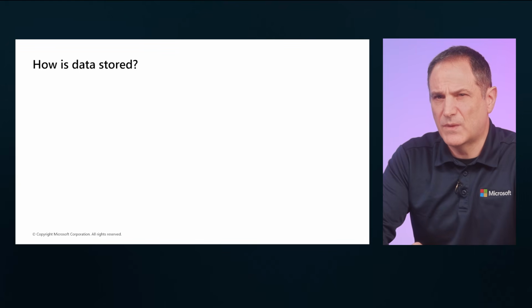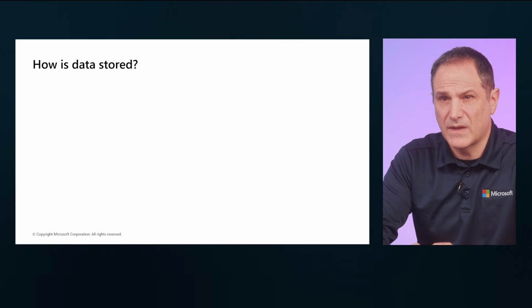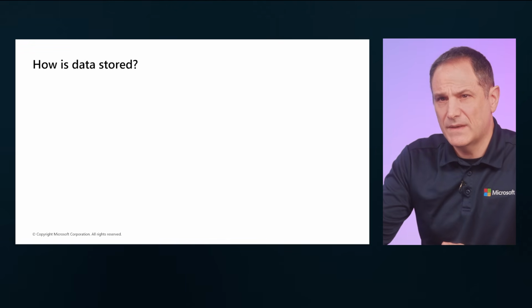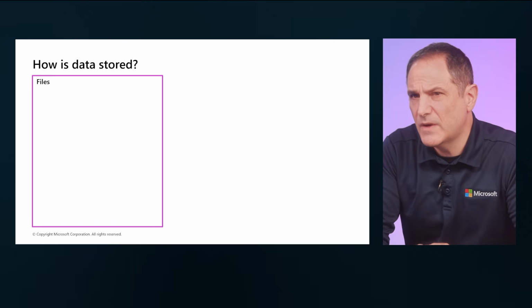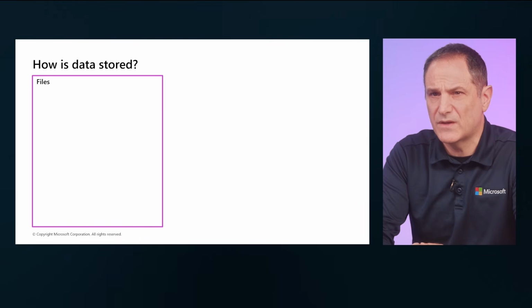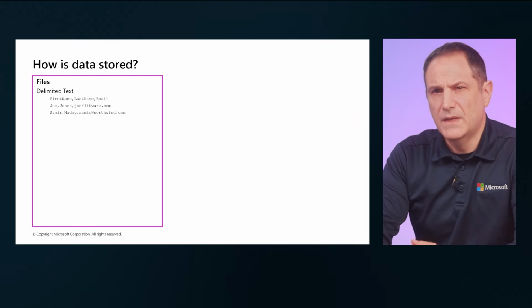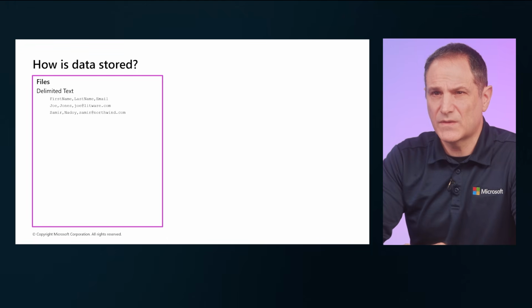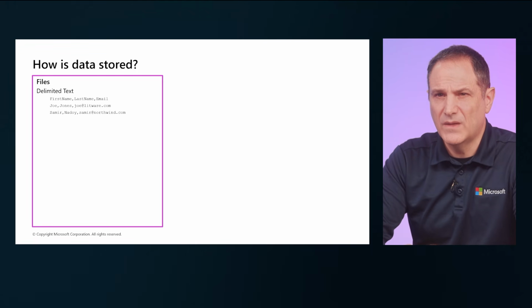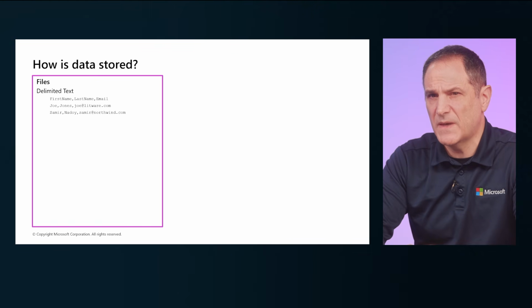How is data stored? Broadly speaking, data is stored either in files or databases. Files are commonly used to store data outside of a database system. Delimited text is the simplest form. It stores data in plain text, where each field is separated by a character like a comma, a tab, or even a fixed number of spaces.